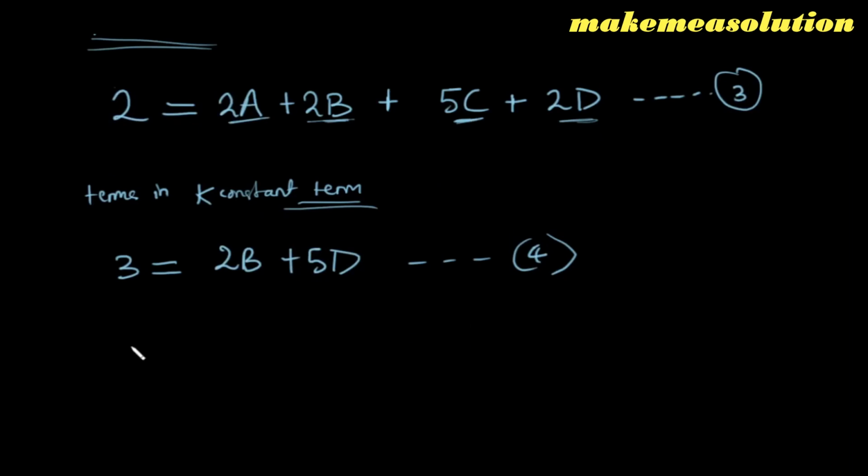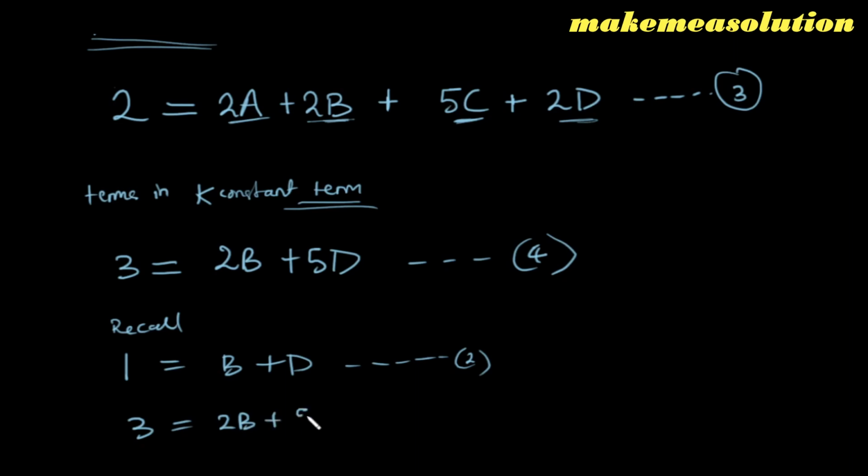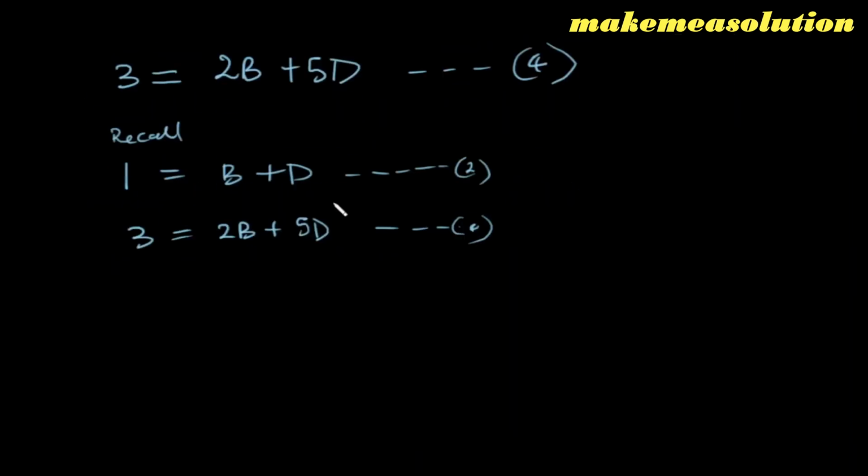So you have 1 is equal to b plus d from equation 2, recall. So you have 3 is equal to 2b plus 5d. So this is equation 4. So we are going to solve it simultaneously to obtain the value of b and d.